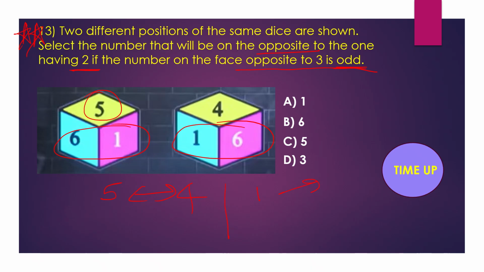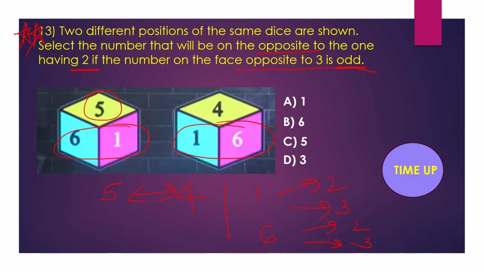So what can be the opposite of 1? It can be 2 or it can be 3. What can be the opposite of 6 too? It can be 2 or 3. Correct?